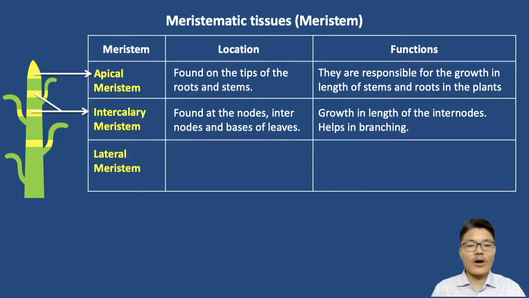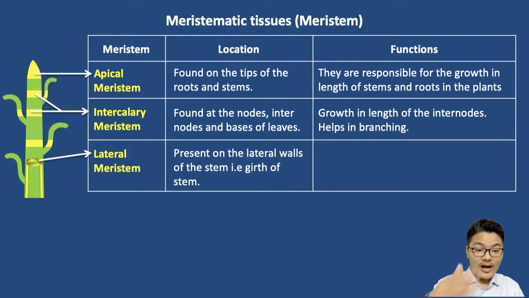A third type of meristem is lateral meristem. The term itself says that these are usually found at the lateral region. These are usually found around the plant, around the stem. So around here refers to the diameter, or girth, or surrounding the main tissue. Trees, if we observe, around the trees we have barks.